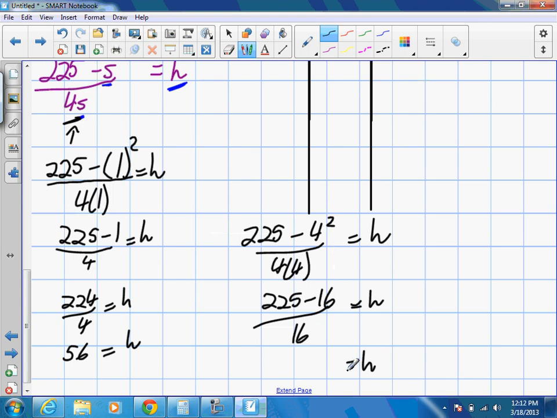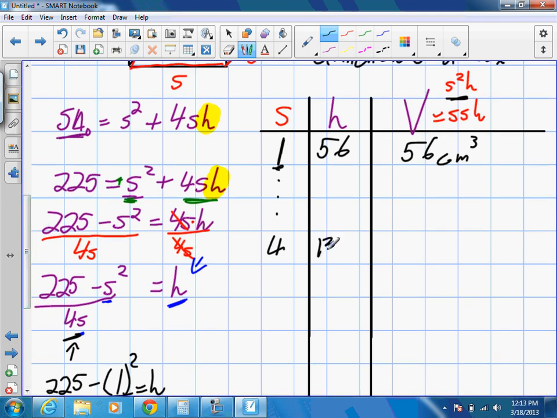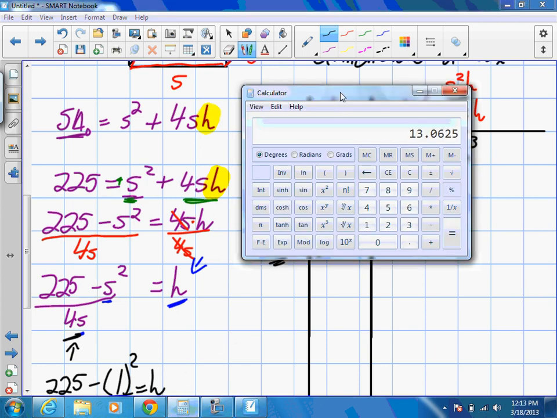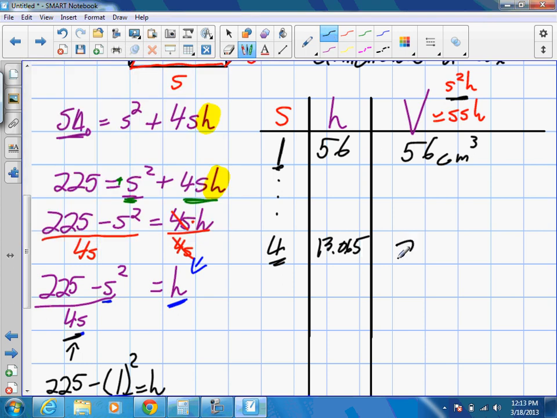Remember, our volume is s squared. So what is s squared in this case? 4 squared is 16. And then I got to multiply it by the height, which is 13.0625. Did our volume increase? Yep. So we're on the right track. We're at 209.04.